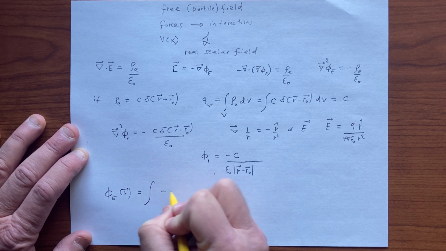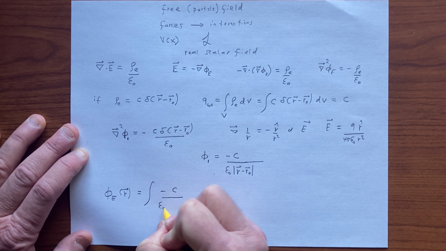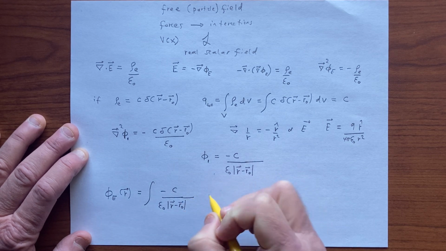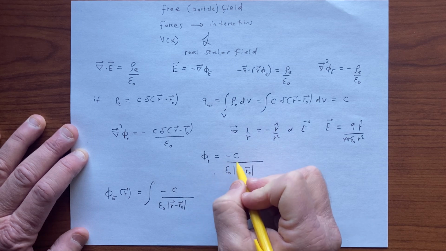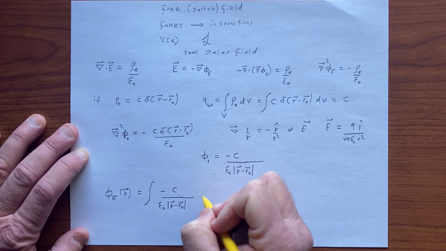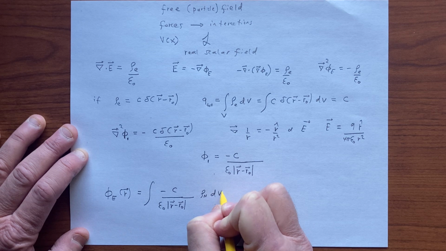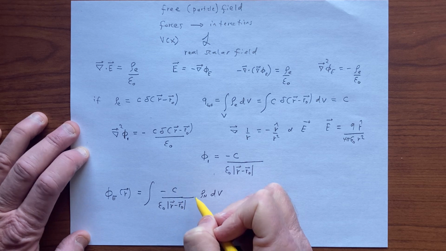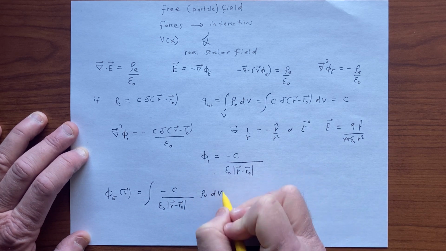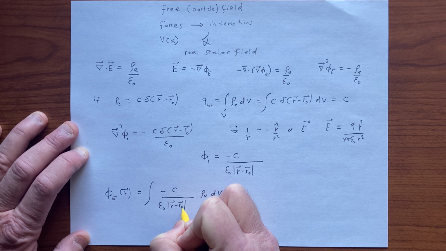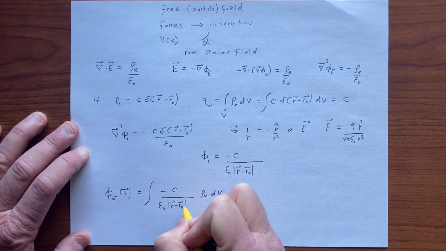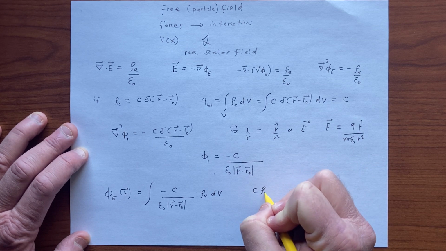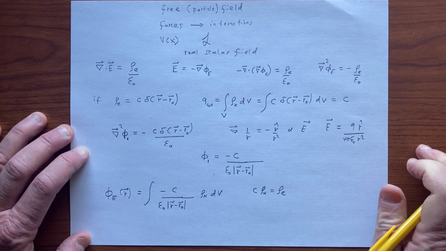So this becomes minus c, right. We need the number density. So we're integrating. This tells us where the charged particles are in space, and so really we're integrating over r naught, right? R naught has different values where all the particles are, and we can sort of spread them out continuously. And so c times rho n is really the charge density.